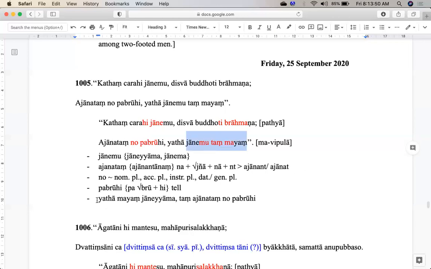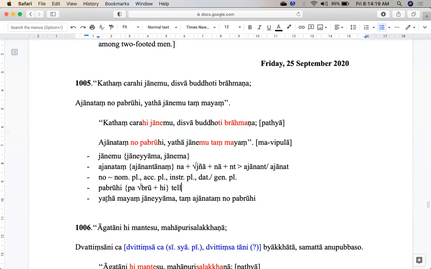It should be understood here. So Yatha mayan janiyama. Here also janimu. Yatha mayan janiyama tan ajanatan no babruhi. So Yatha and Tan are related as the relative pronoun and demonstrative pronoun. So the Yatha clause is here, Yatha mayan janiyama: in what way we may know?